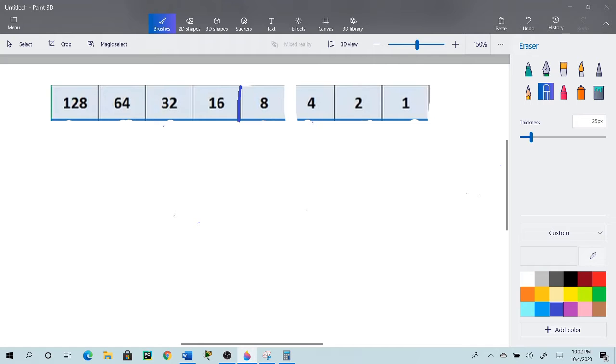Basically, if you add all those numbers together, you will get 255, which is one of the numbers you'll be using for subnetting. This is very important. We have to remember these numbers.